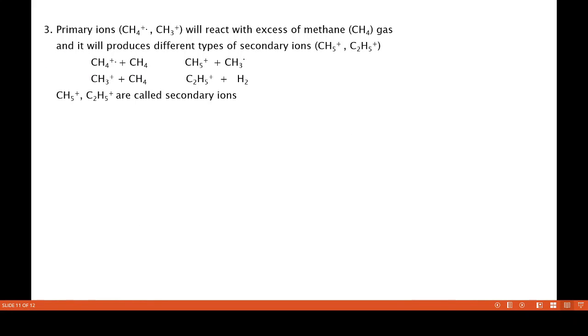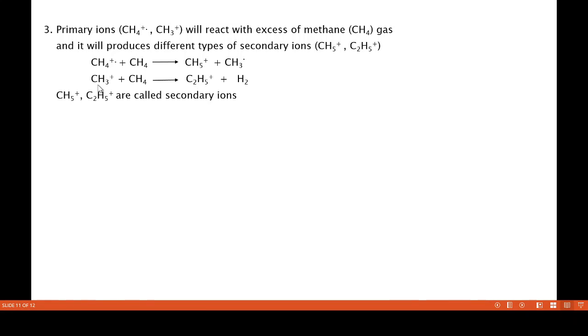In the third step, the primary ions which are formed react with excess methane gas and produce different types of secondary ions. We see that reaction. The primary ion CH4 plus reacts with the excess methane gas and produces CH5 plus and CH3 radical.